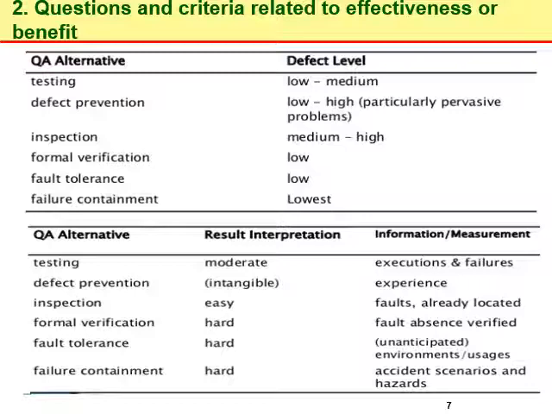On the other hand, result interpretation for formal verification, fault tolerance, and failure containment is harder than that for inspection and testing. Sometimes a significant amount of effort is needed to analyze these results to support the follow-up actions.